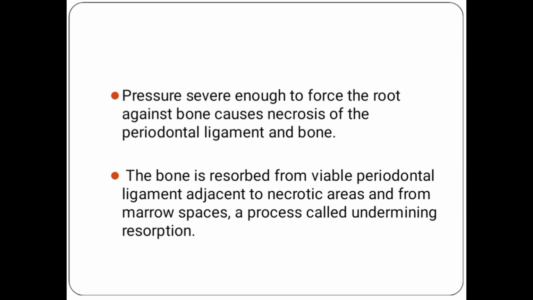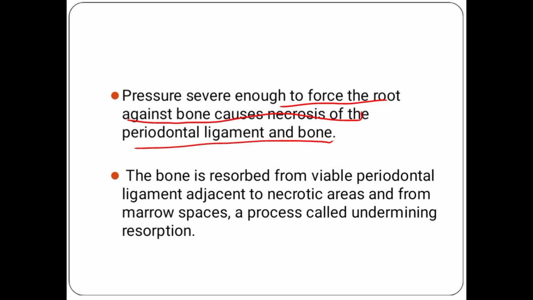When the pressure is severe enough to force the root against the bone, it causes necrosis of the periodontal ligament and bone. So there is so much pressure on the root, forcing it against the bone, that it causes necrosis of the periodontal ligament and bone.